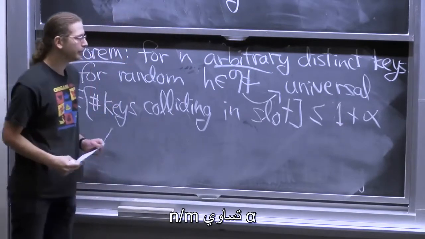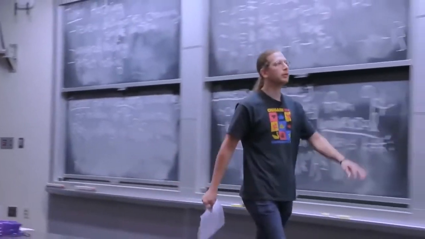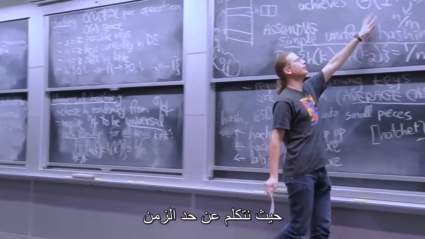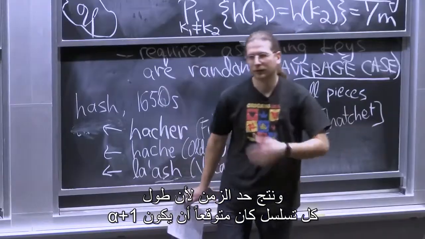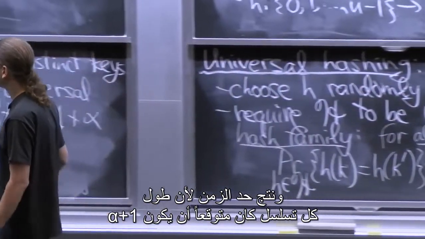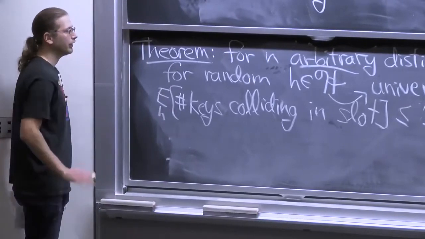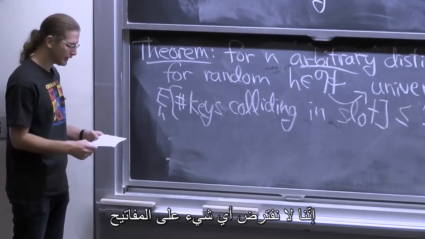Alpha is n over m. So this is exactly what we had over here. Here we're talking about time bound, but the time bound followed because the length of each chain was expected to be 1 plus alpha. And here the expectation is over the choice of h, right? Not assuming anything about the keys.